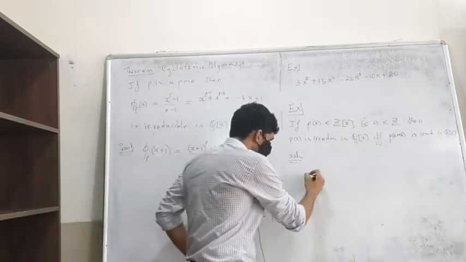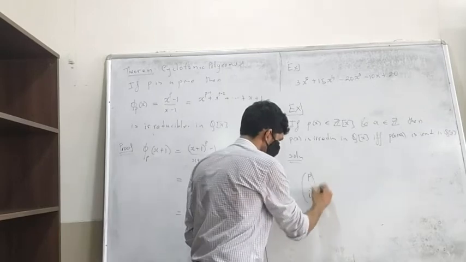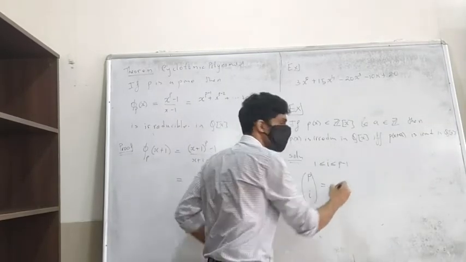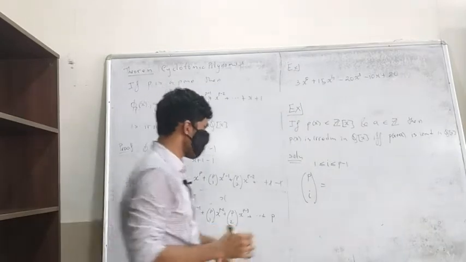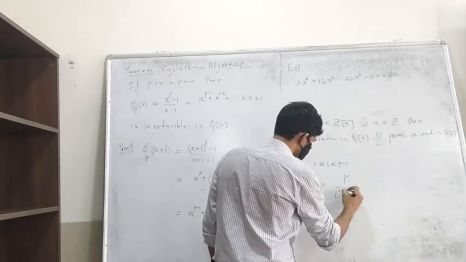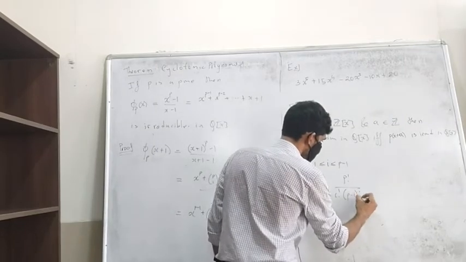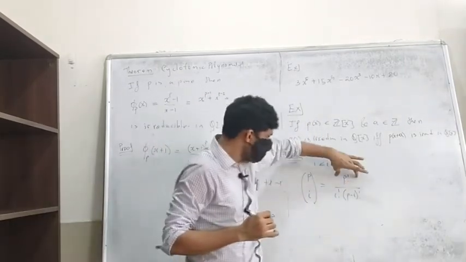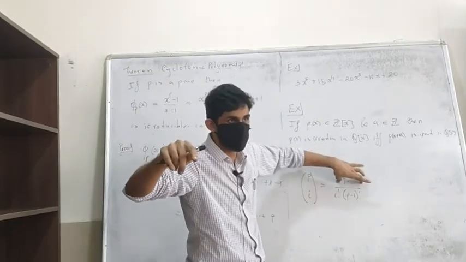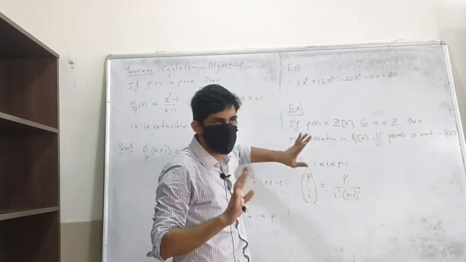So pCi, when i lies between 1 and p minus 1, is going to be p factorial divided by i factorial times p minus i factorial. This product, 1, 2, 3 up to p, has a prime p in it. This is an integer, we all know.